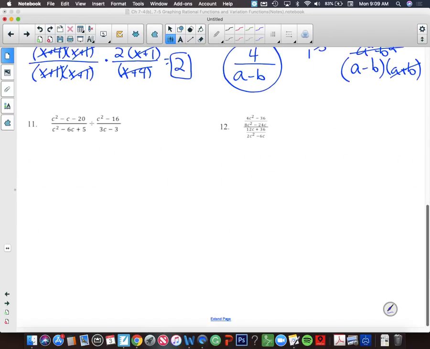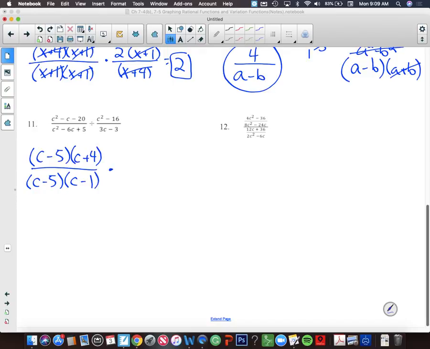Number 11, just like one we had on the quiz. So again, that's division. I'll just show you how it factors out. So it's going to be skip, flip, multiply again. So two numbers that multiply to negative 20 and add to negative 1. That's that. And then the other one.